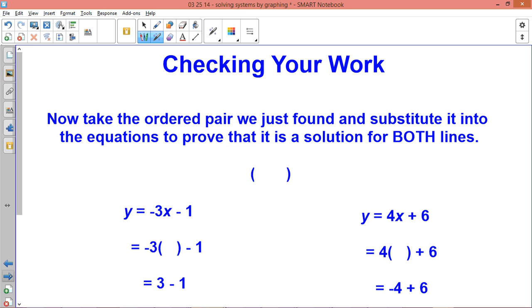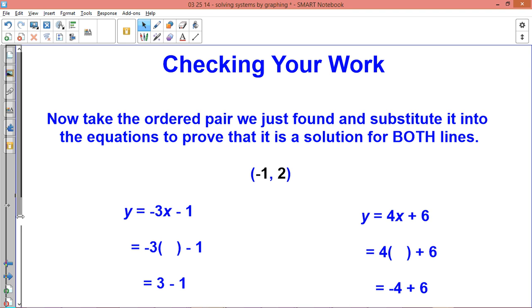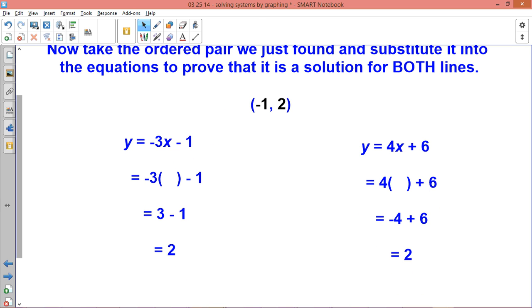We're going to look at the solution that it looked like we had, negative 1 comma 2. And we're going to start with the two equations that we were given: y equals negative 3x minus 1 and y equals 4x plus 6. I'm going to plug in this point, negative 1, which is my x value, and 2, which is my y value.